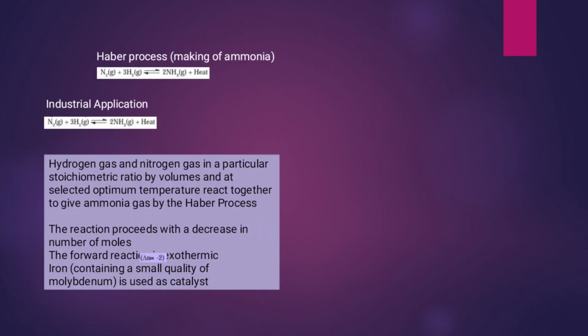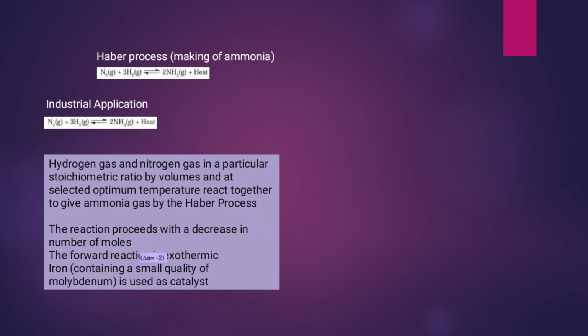Now students, we'll consider one more example of Le Chatelier's principle. This we are very familiar with, that is the Haber's process, which is used in making of ammonia. You have N2 reacting with 3 molecules of H2, that is nitrogen reacting with hydrogen, reversibly giving you twice NH3, that is ammonia.